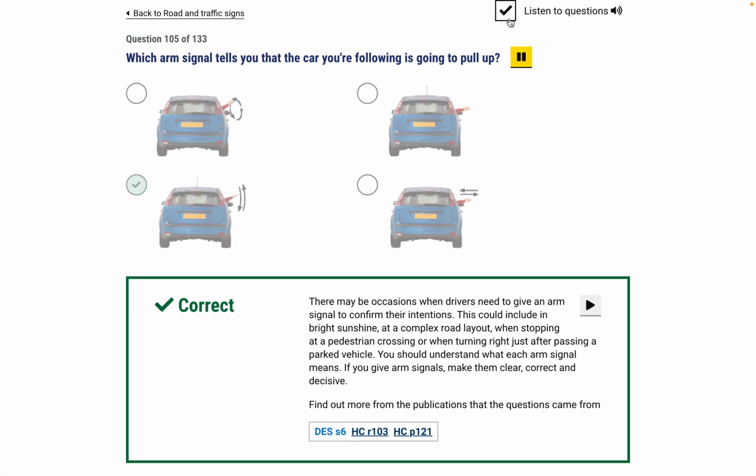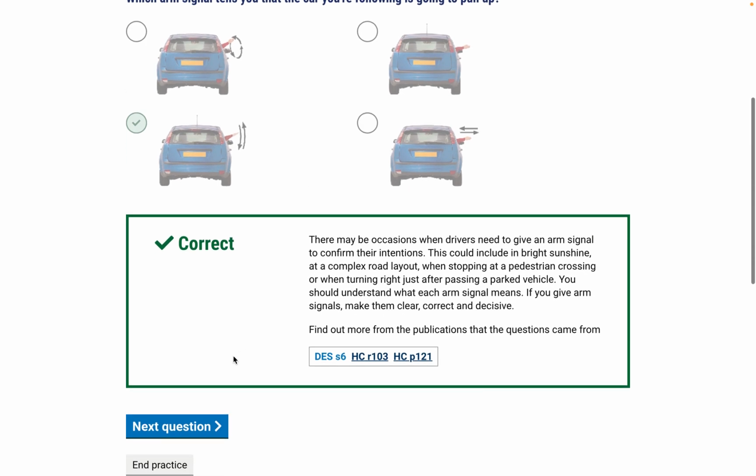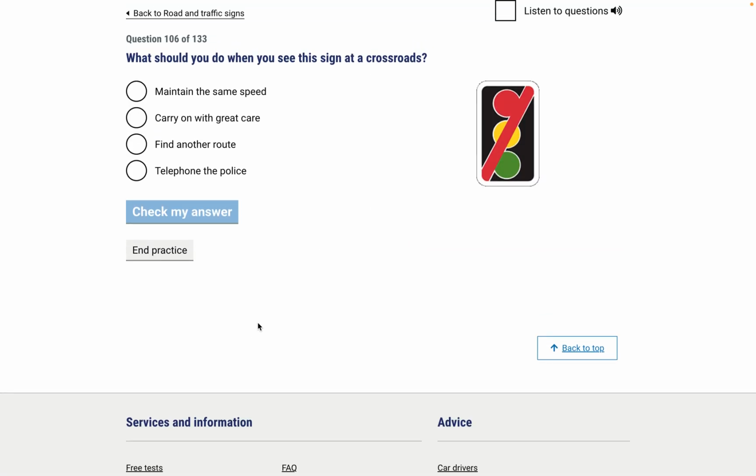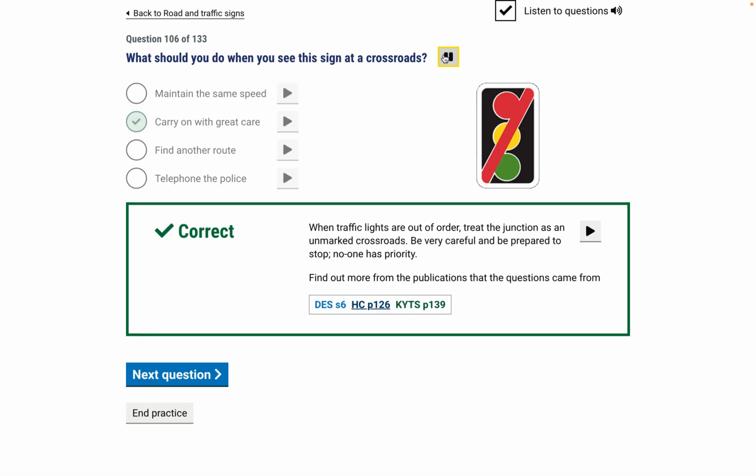Which arm signal tells you that the car you're following is going to pull up? What should you do when you see this sign at a crossroads? Carry on with great care.